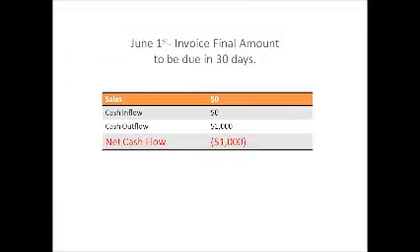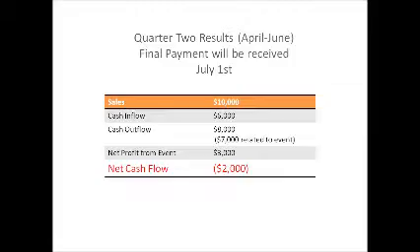You're getting invoiced by other venues or what have you. And this negative cash can quickly turn into a higher negative cash flow because you continue to have to run your business and make payments. And this is all during the quarter when you have $10,000 in sales on the books, but you have a negative cash flow.